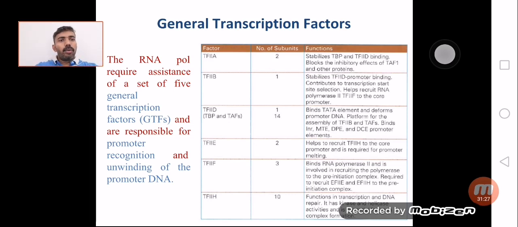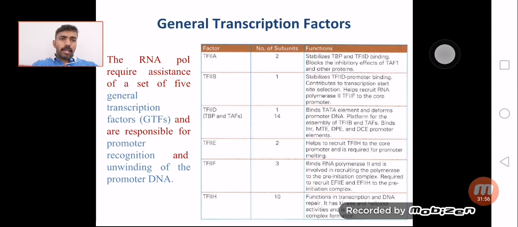So the number of subunits is also given there. TF2A has 2, 2B has 1, and TF2D internally consists of 2 components. One is the TBP, called TATA binding protein, which is present as 1 unit, and there are around 14 different additional proteins called TAFs, or TBP associated factors.